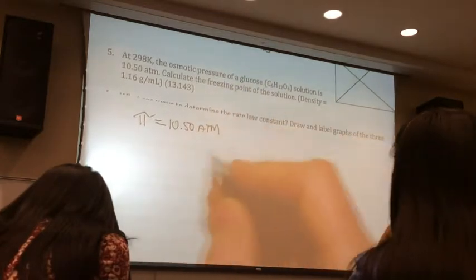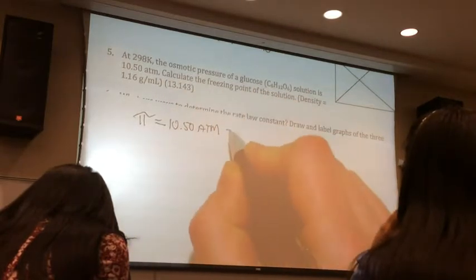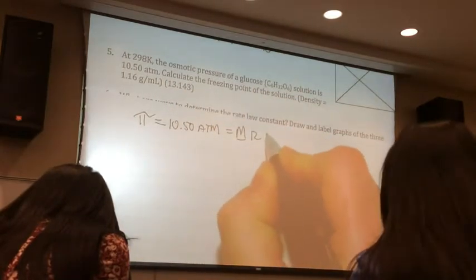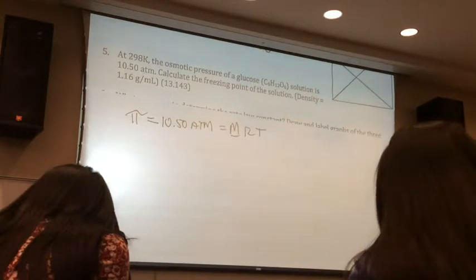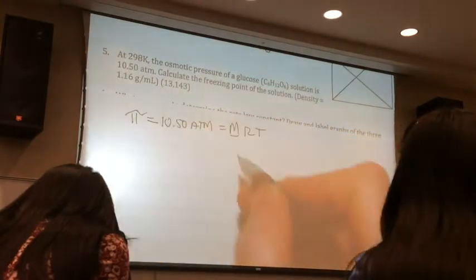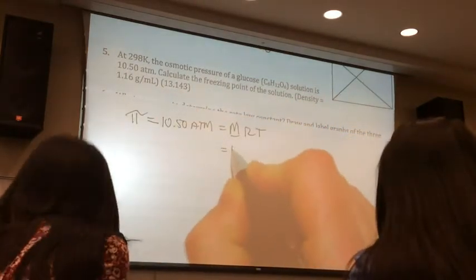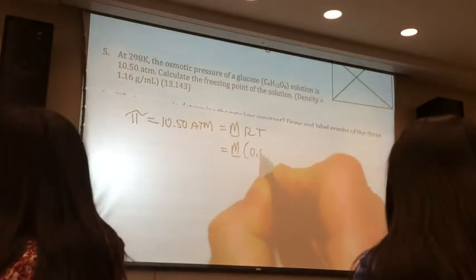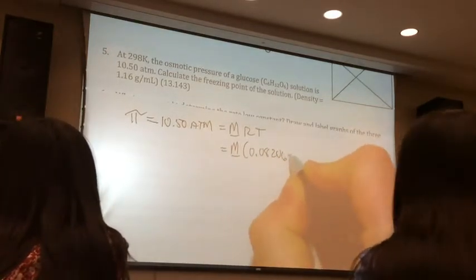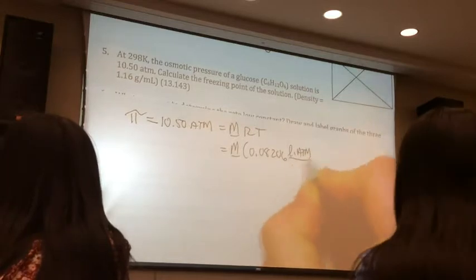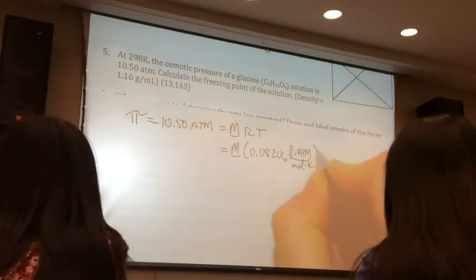So here we have the value of pi, the osmotic pressure. This is molarity times R times T, okay? And we're given at 298, so we can calculate molarity times 0.08206 liter atmospheres per mole Kelvin, right?